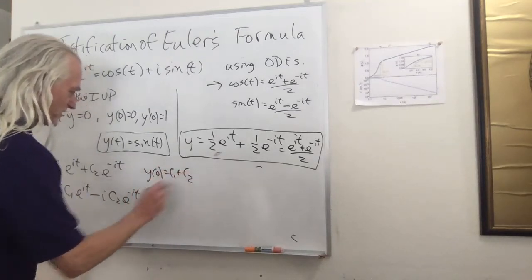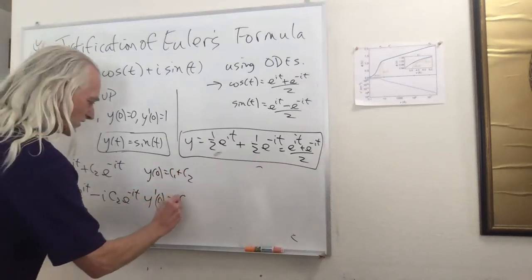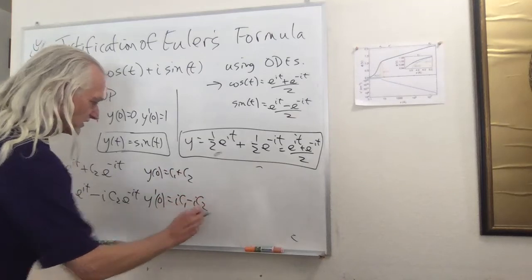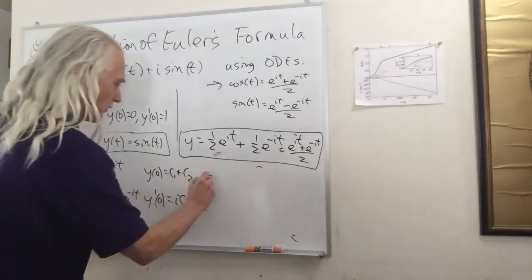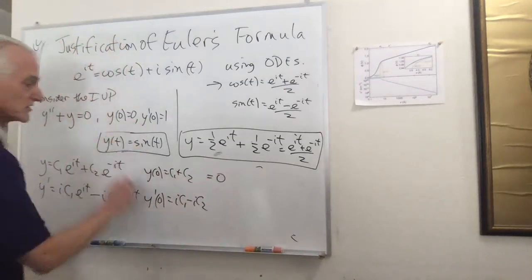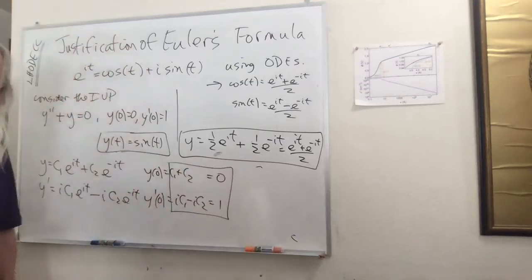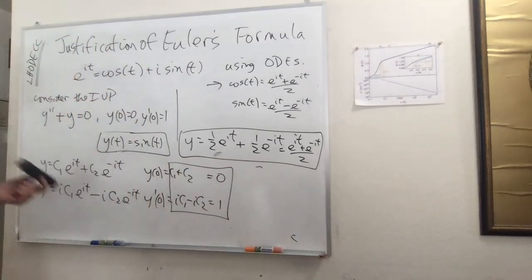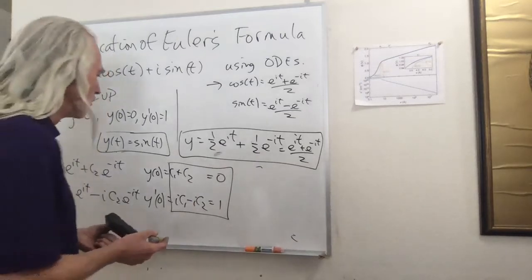This is all the same as we had before. y prime of 0 is i c1 minus i c2. So that's all the same, but now we're setting y of 0 to be 0 and y prime of 0 to be 1. So now I've got to solve this system of two equations in two complex unknowns, c1 and c2.